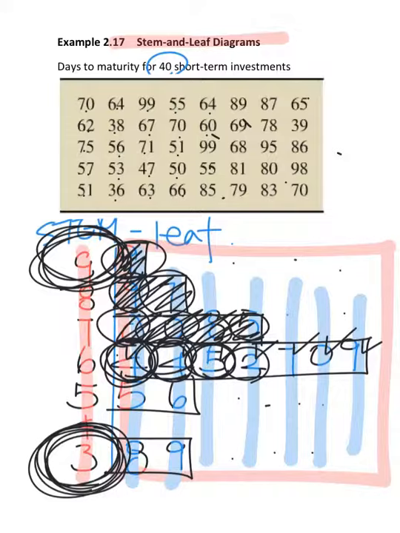Always, to make the stem and leaf, we have to split. The first digit goes to the stem, and the second one goes to the leaf. So now we have to split again: 7 and 0, 6 and 4, 9 and 9.